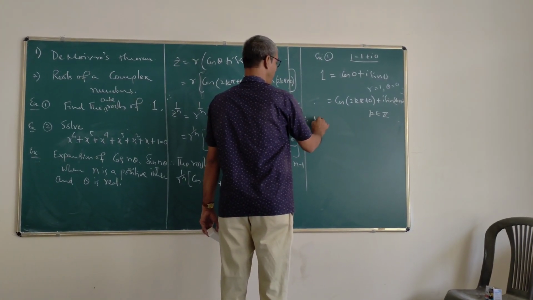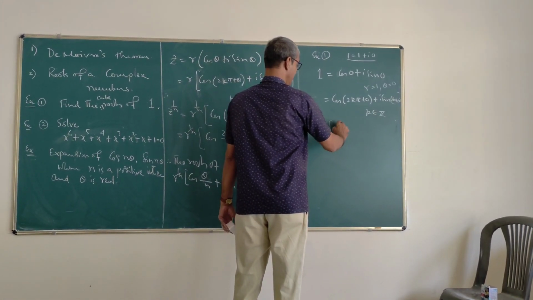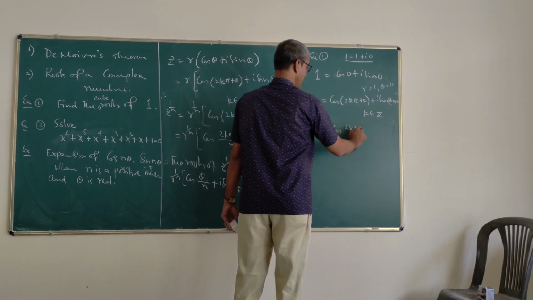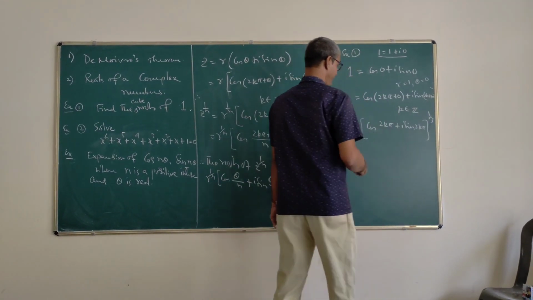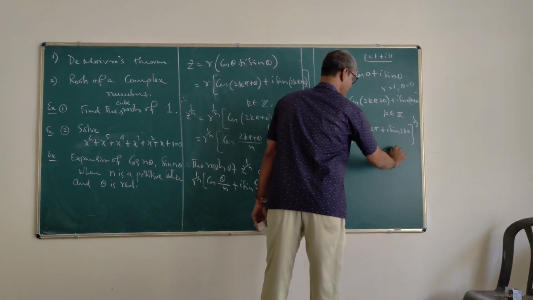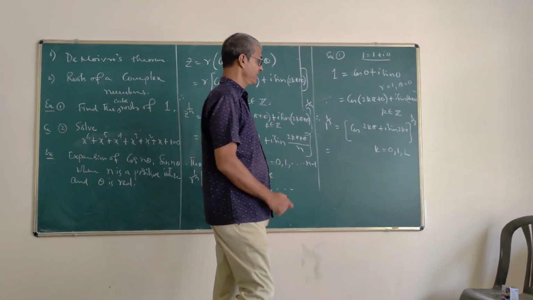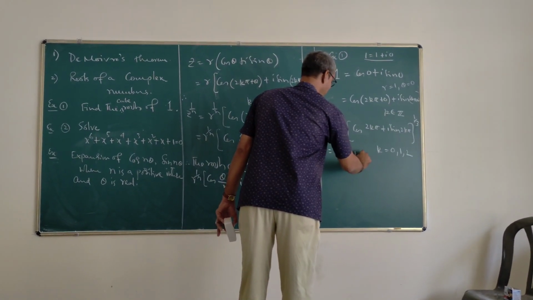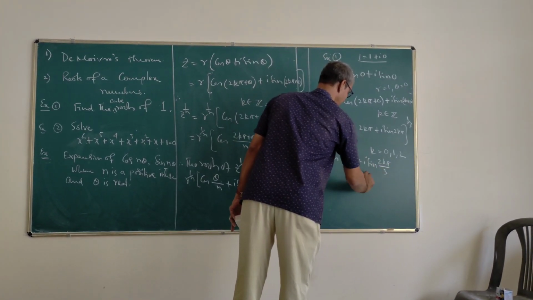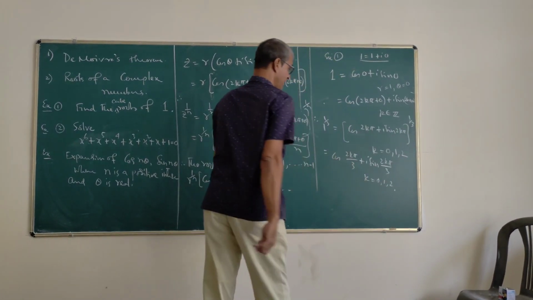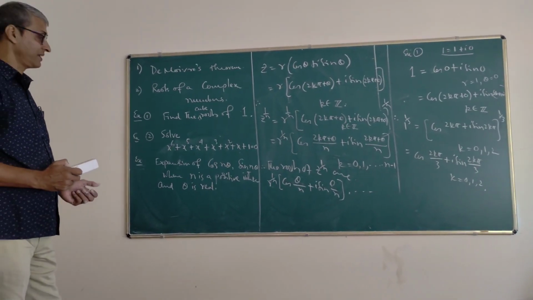So 1 to the power 1 by 3 is cos (2k pi by 3) plus i sin (2k pi by 3), where k is 0, 1, 2, because we consider cube roots. In this way you will get the 3 roots of 1, that is, the cube roots of unity.